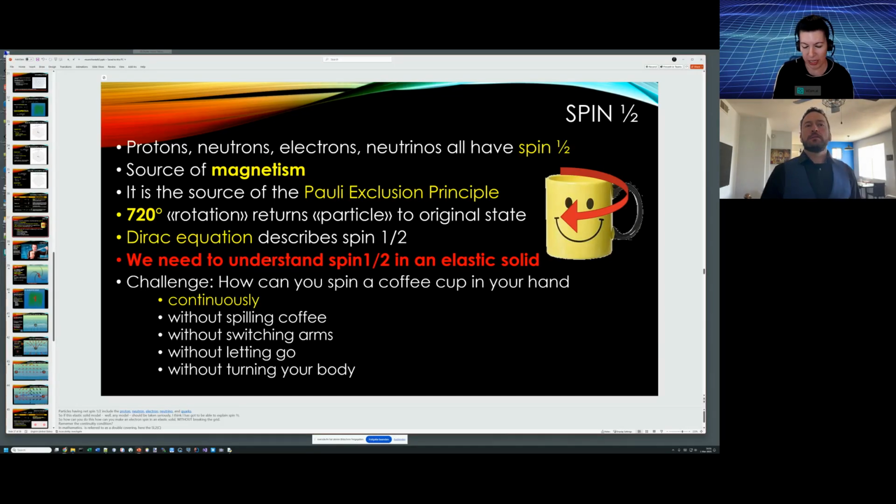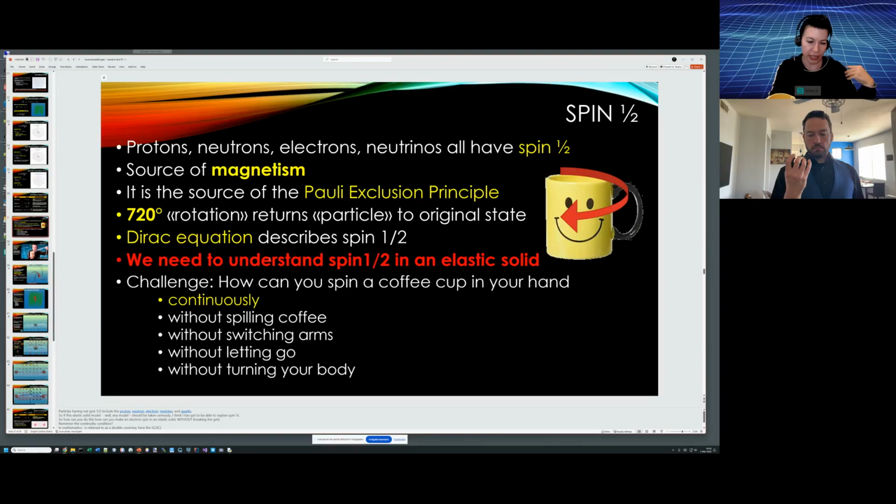So the question then is, how can you imagine we are in the elastic solid? We are inside the elastic solid. My arm is part of the elastic solid. The challenge is, how can we do something where this thing here, this cup, appears to rotate continuously? We can't spin it around. We can't flip it.